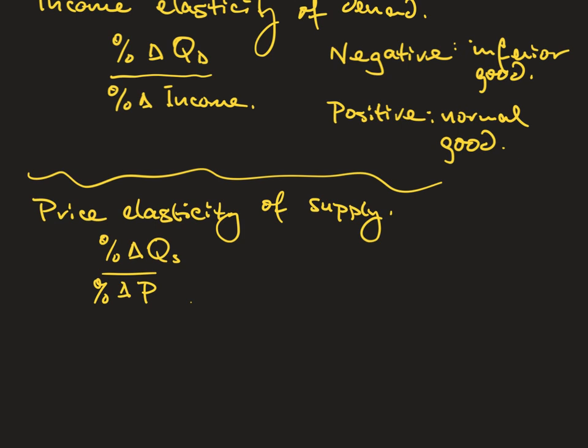That change in production or quantity supplied divided by the change in price, that's known as the price elasticity of supply. And this gets categorized the same as the price elasticity of demand.